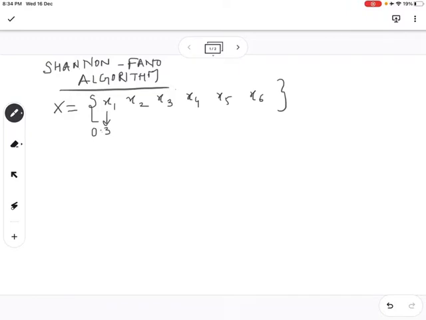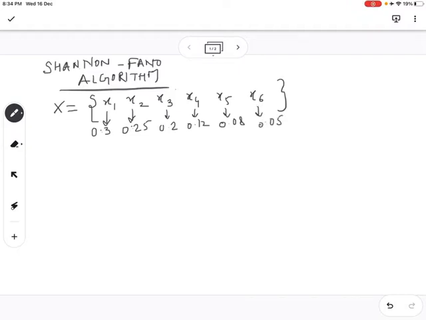All these probabilities of occurrence of a sequence of messages, we have already learned in our previous lecture. For x1 the probability of occurrence is 0.3, for x2 it is 0.25, for x3 it is 0.2, for x4 it is 0.12, for x5 it is 0.08, and for x6 it is 0.05.